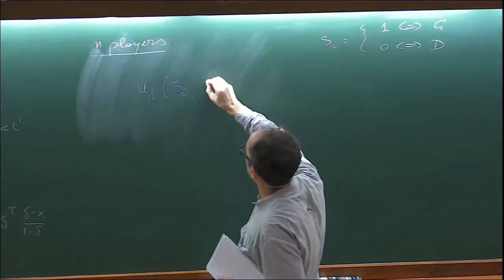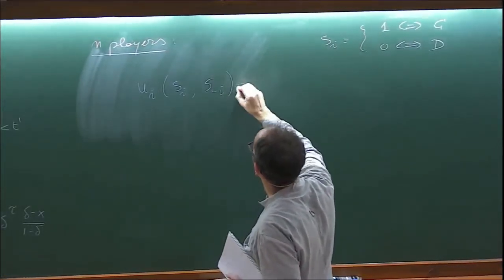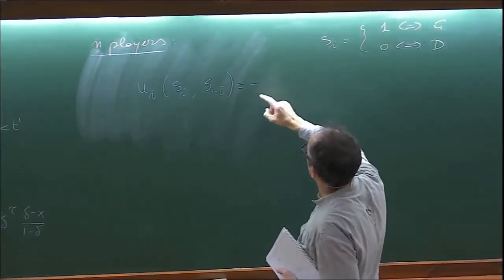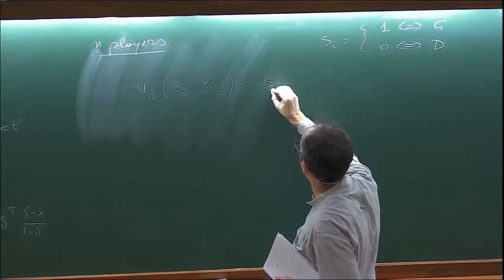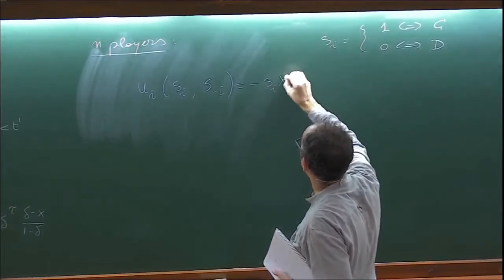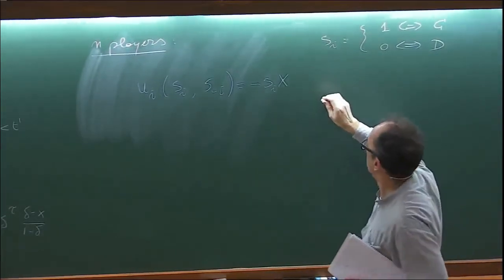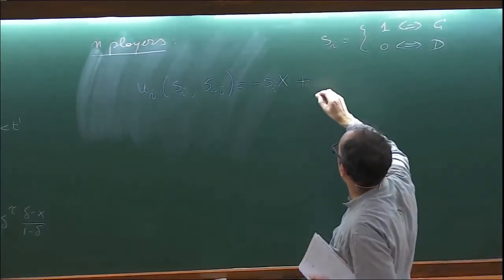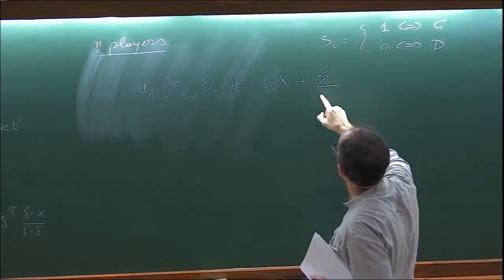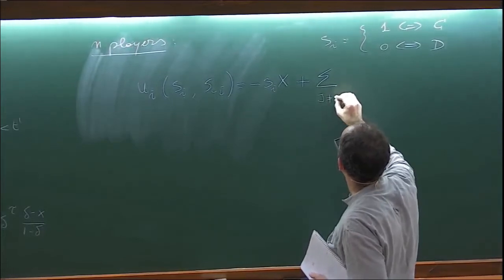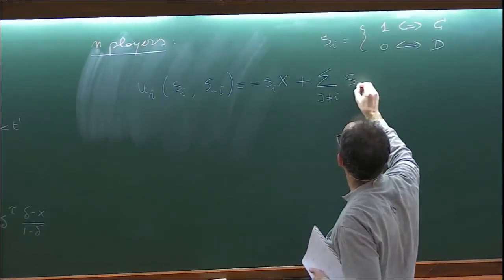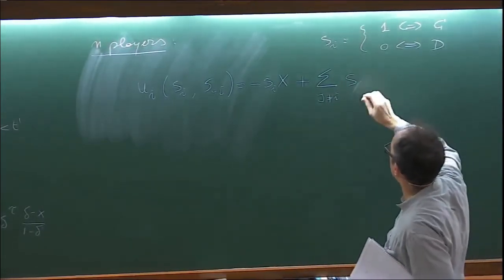And essentially, you can say that if player i cooperates, that is Si is equal to 1, then he pays a cost X. And in any case, he gets a benefit from all the other players who are cooperating. Okay?